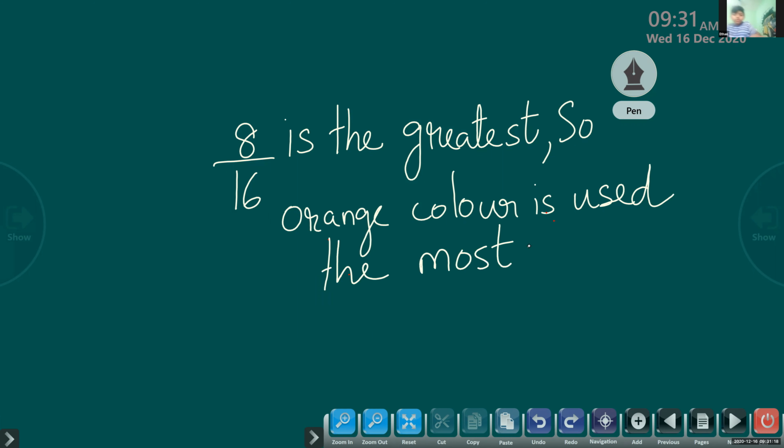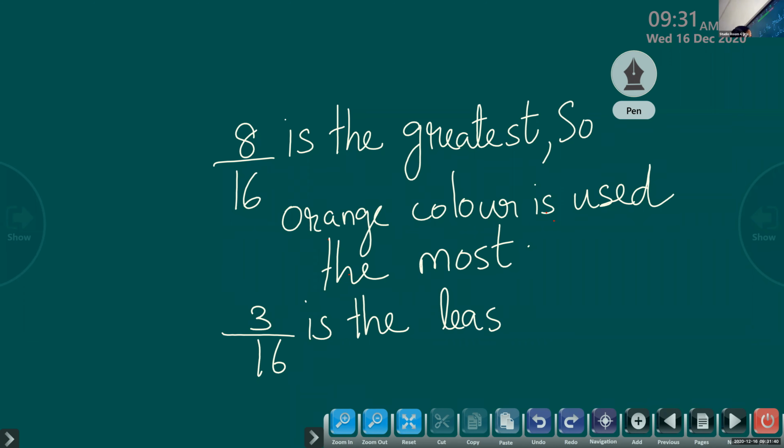Next, what can we write? Which is used the least? Pink. So 3 by 16. Children, you can write 3 by 16 is the least.